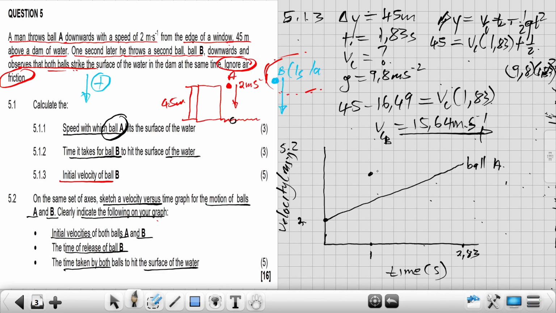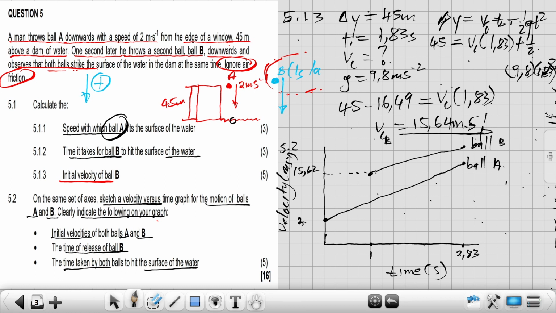But what else do I know? It also took 2.83 seconds to hit the surface of the water. So now this is for ball B. But what was the initial velocity thereof? It was 15.64. 15.64.